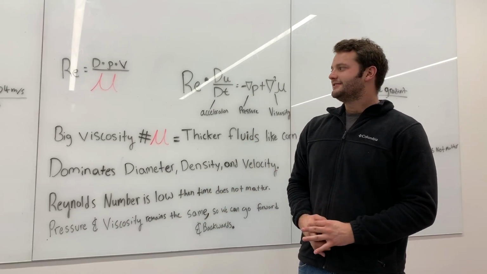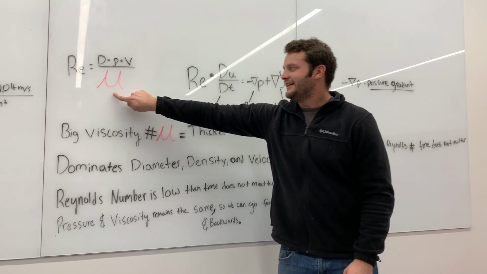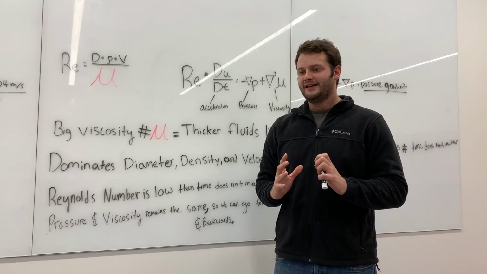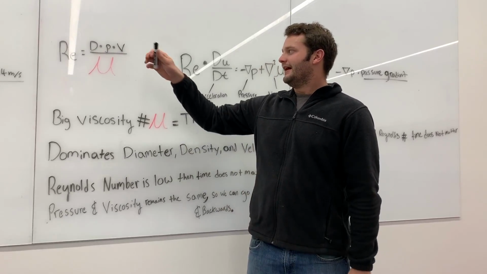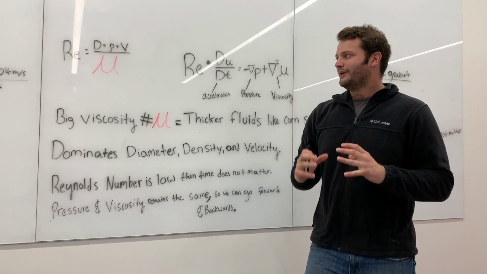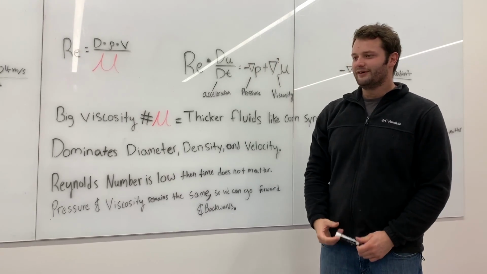Thank you, Ryan. In my equation for the Reynolds number, the viscosity is very big. So whenever the viscosity is very big, you can neglect the diameter, density, and velocity. And whenever you neglect those, the Reynolds number would equate to 0.